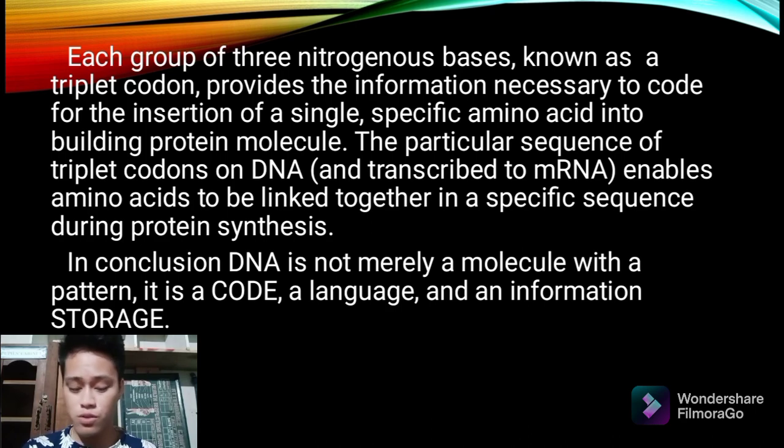The particular sequence of triplet codons on DNA enables amino acids to be linked together in a specific sequence during protein synthesis. In conclusion, DNA is not merely a molecule with a pattern, it is a code, a language of information storage.